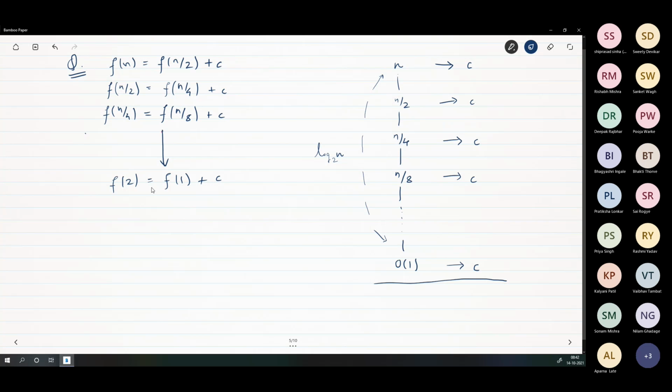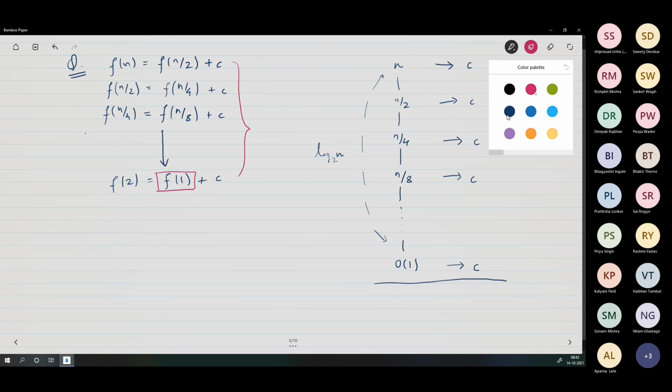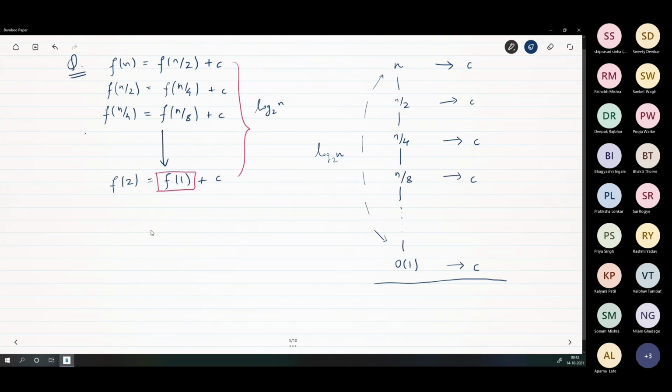Then when you add everything up, except this term, the other terms will just cancel off, and you're left with c as many times as you have when you go up to this point. And what is this? This height is log to the base 2 of n. So f of n, after cancelling terms, is just f of 1 plus c times log to the base 2 of n. But f of 1 is 1, so it is 1 plus c log n.